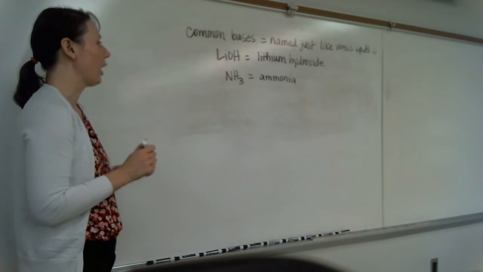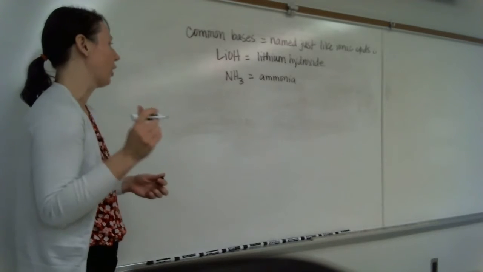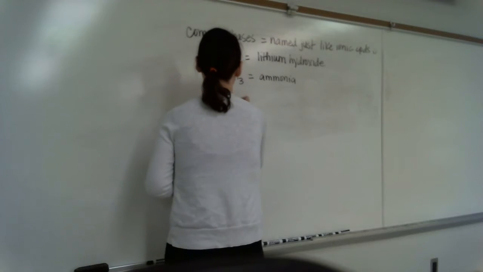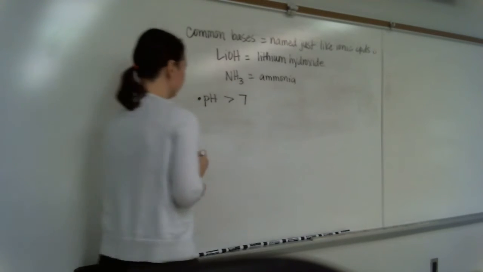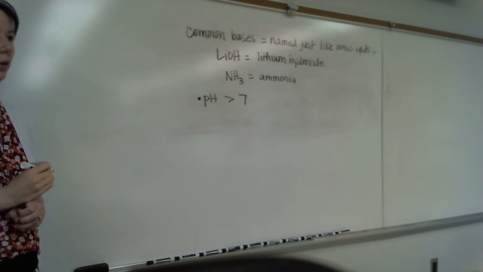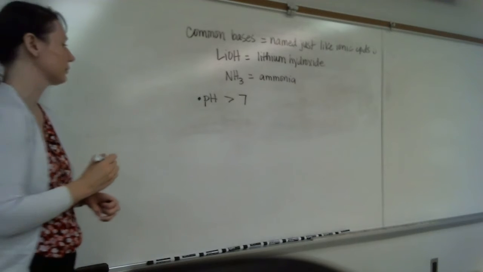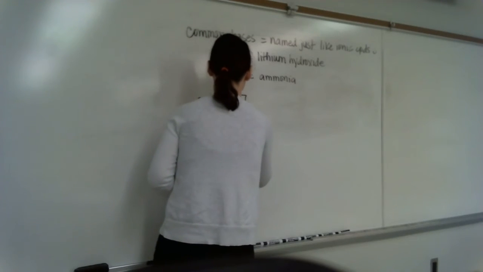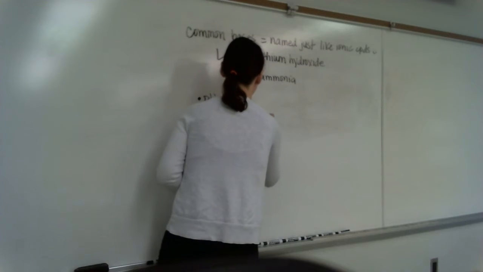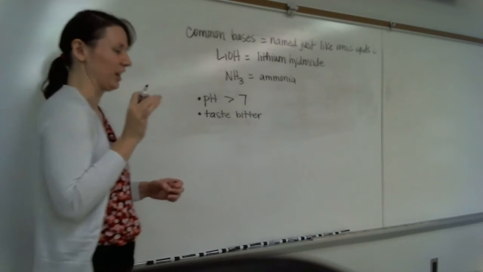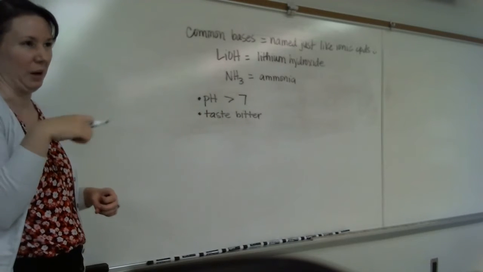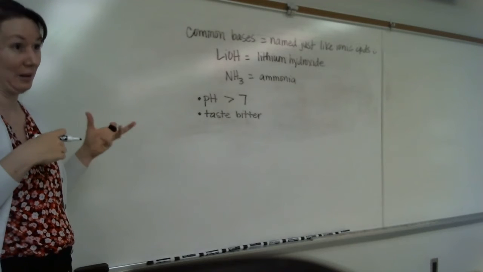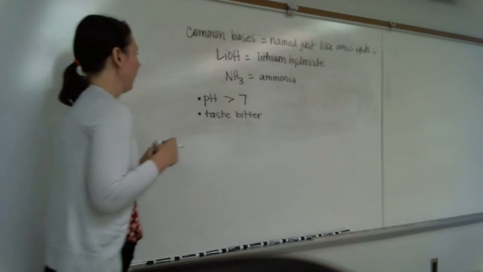Woohoo! Now for common bases, some properties of common bases. They have a pH greater than 7. Okay, that's the range for common bases. They taste bitter. So think about cocoa beans, like if you actually go home and just take a scoop of cocoa powder, right? It tastes kind of bitter. Coffee tastes kind of bitter, right? It's basic.